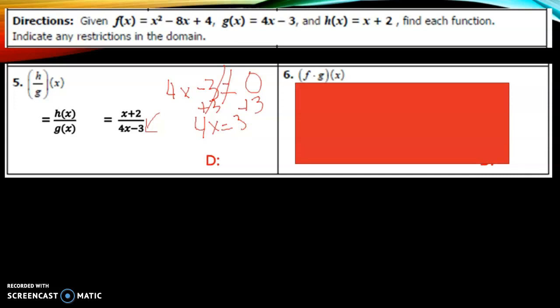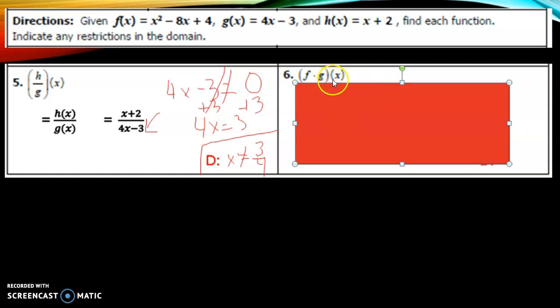And when we divide by 4, we learn that x cannot equal 3 over 4. Let's see if I can write that a little nicer. Little screen, big finger. X cannot equal 3 divided by 4. So x can't equal 3/4 for our domain. Special case.